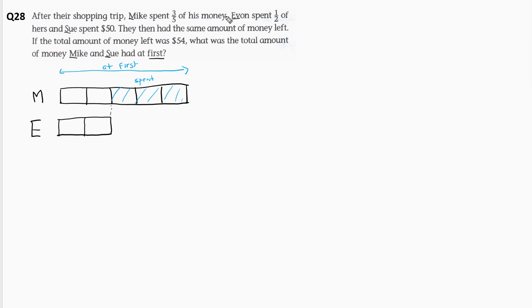And if she spent a half of her money, that means she must have had 2 more of these parts. So this must be what Yvonne had at first, although we're not actually asked to calculate that. And this is what Yvonne spent.